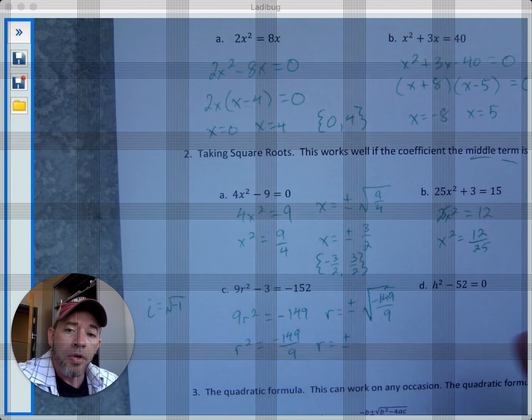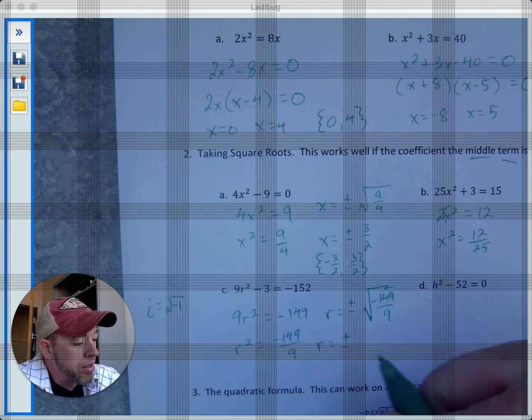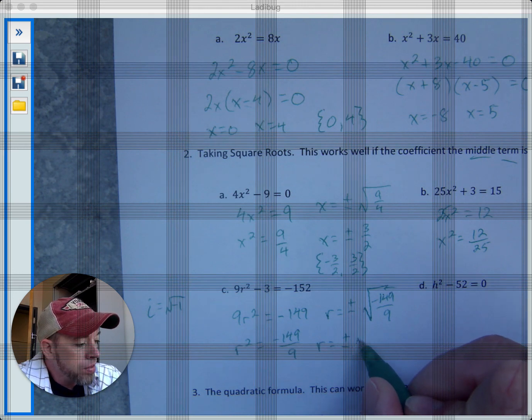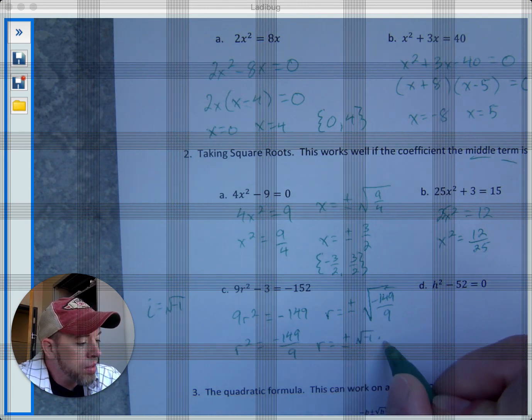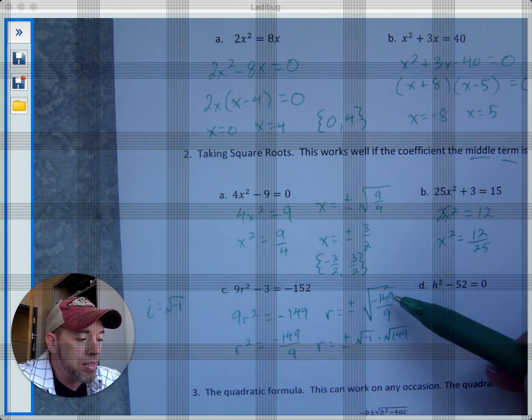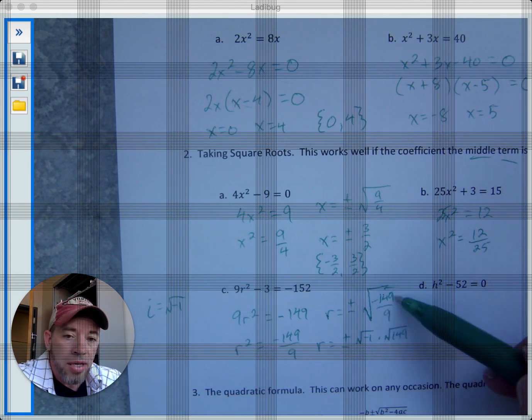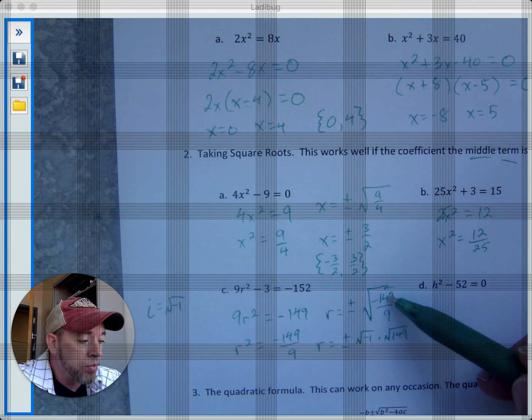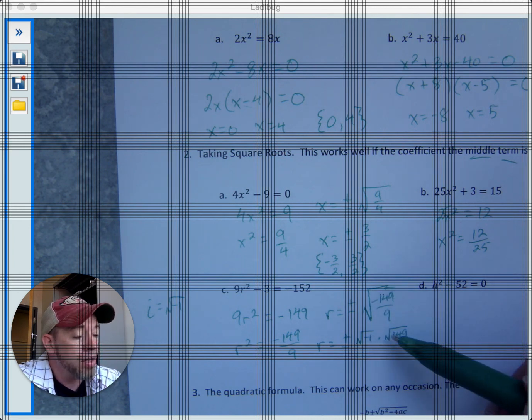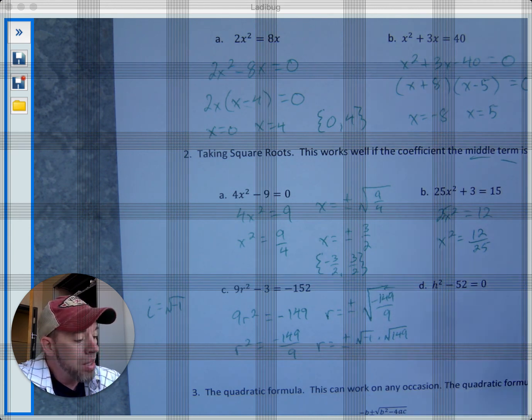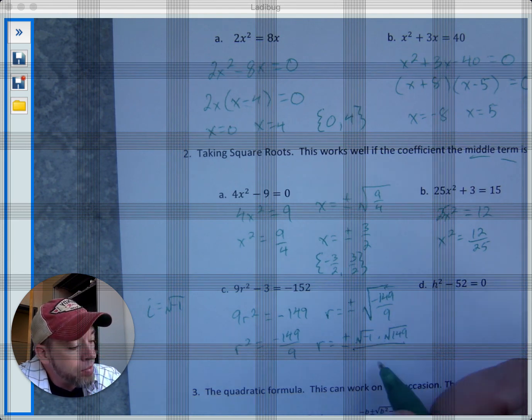Well, let's remove a square root of negative 1 from the top, and then we can multiply that by the square root of positive 149. So we basically separated the square root of negative 149 into the square root of negative 1 and the square root of 149. On the bottom, we take the square root of 9, which is 3.